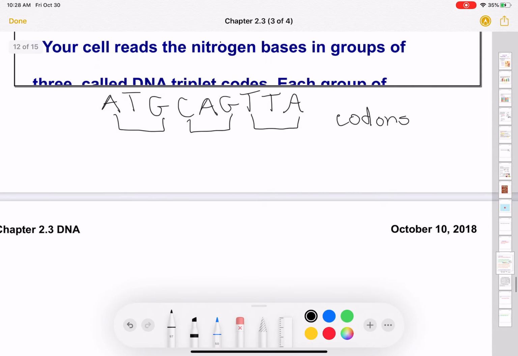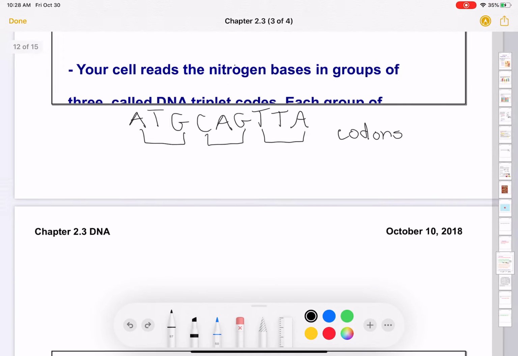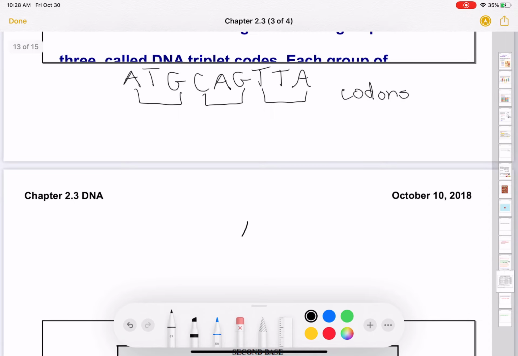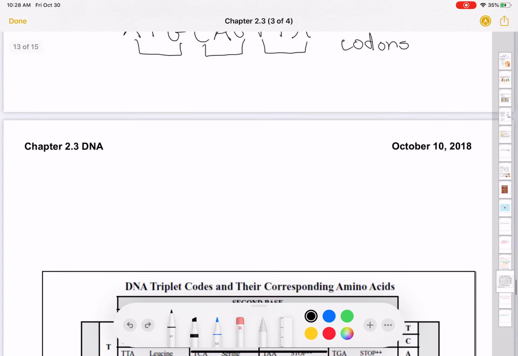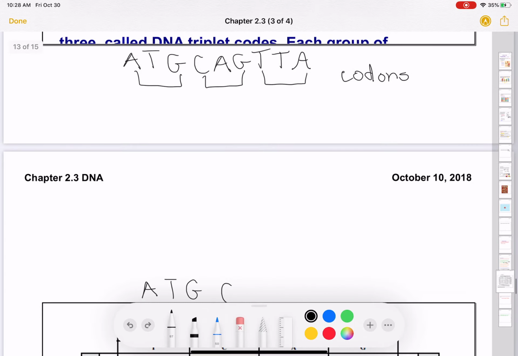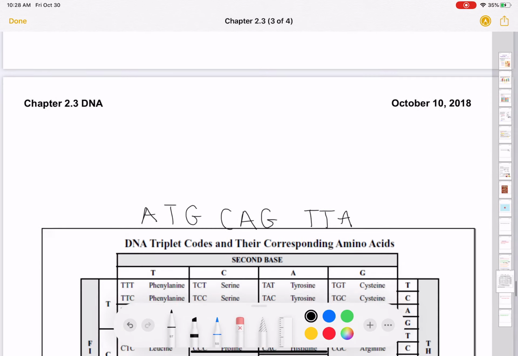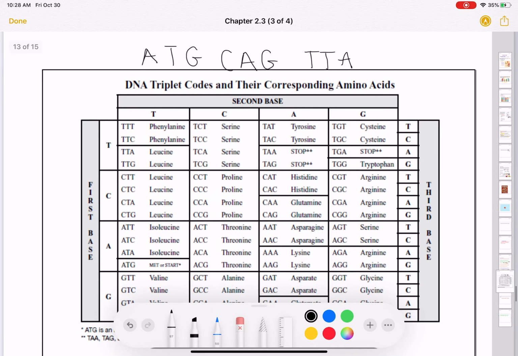So if we were going to look back at my DNA that I made up, I'm just going to write it here. ATG CAGTTA. So that's the DNA that I wrote there.